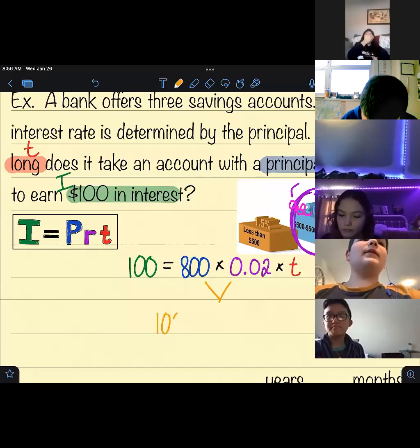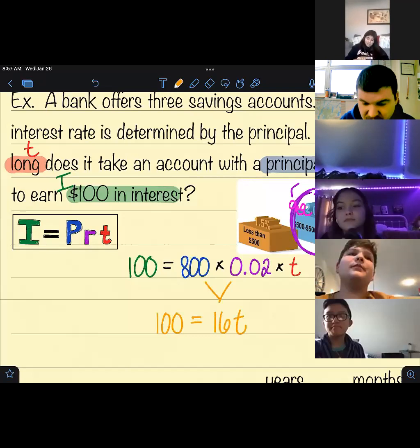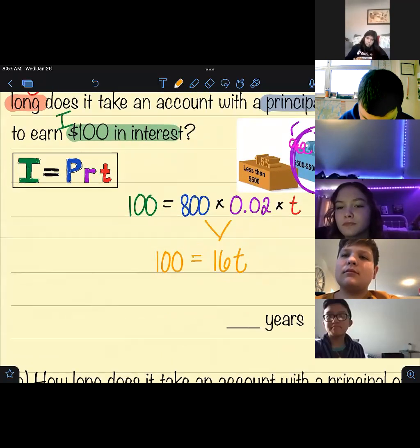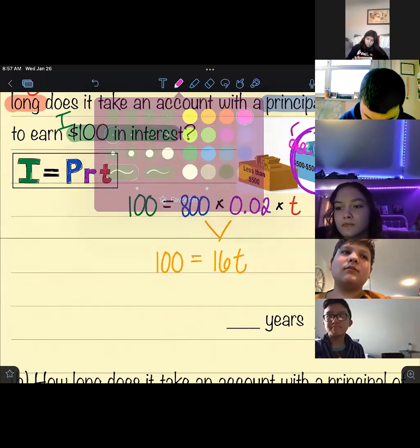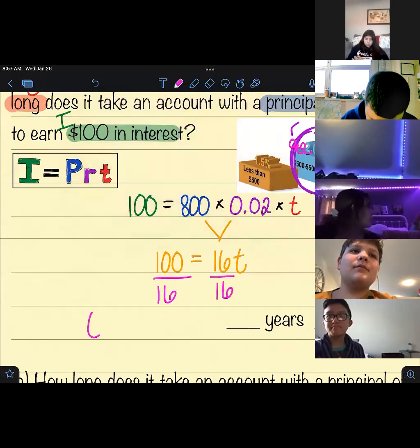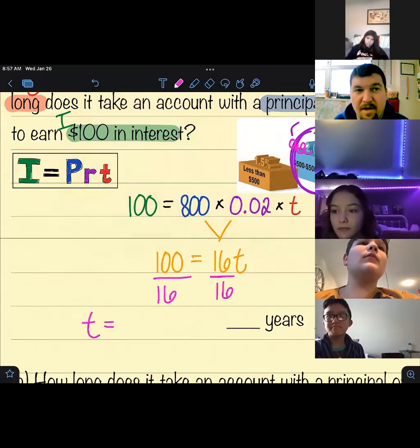So 100 equals 16 times T. To solve this, we would need to divide, just like we did last time, by 16.